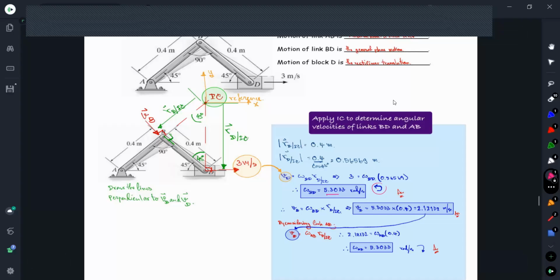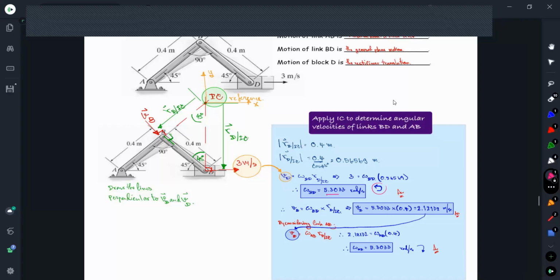The motion tends to rotate in the counterclockwise direction, since D is moving to the right. So omega BD should rotate in the counterclockwise direction. And for VB, where is point B?